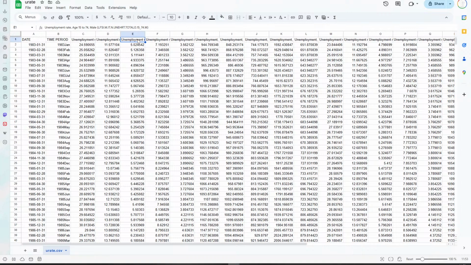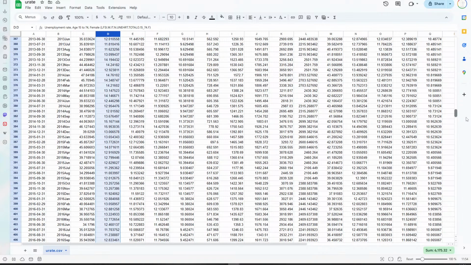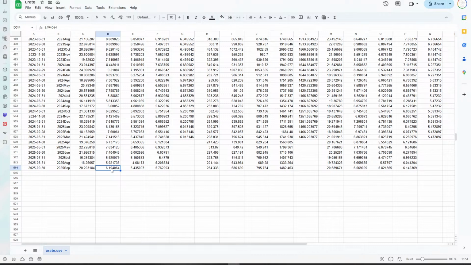Okay, so let's say female unemployment here. It has gone down, yes, to 6.2%, 6%. Let's make it 6%.